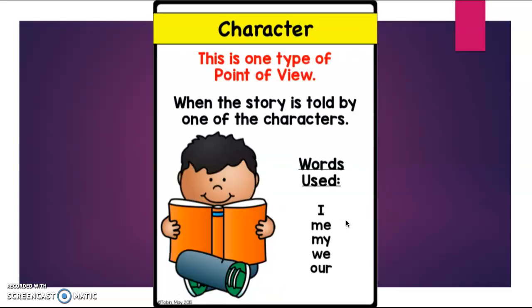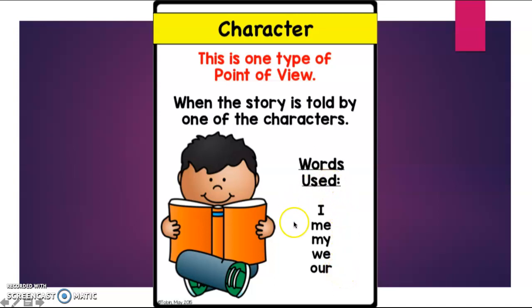If the story is being told by a character, you will know because it is going to use these key words in the story. The person telling the story will be using the words I, because they're talking about themselves, or me, or my, or we, or our.